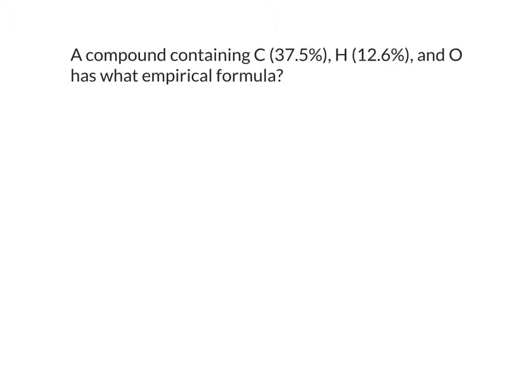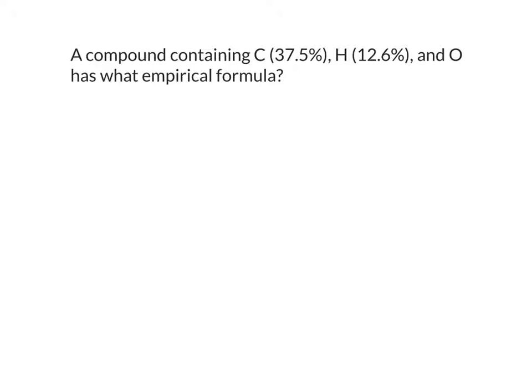Let's imagine that we've done an experiment which provides us with the percent carbon and the percent hydrogen in a compound that contains carbon, hydrogen, and oxygen. And we want to know what the empirical formula is. So we know the percent carbon and we know the percent hydrogen. It's likely that we're going to want to know what the percent by mass oxygen is as well.